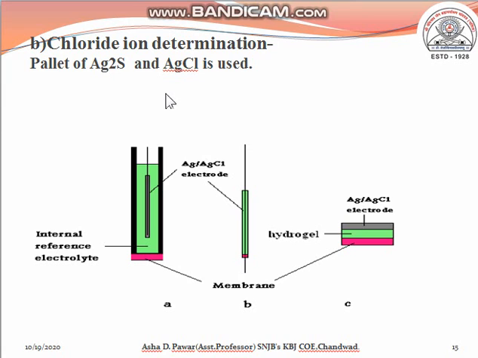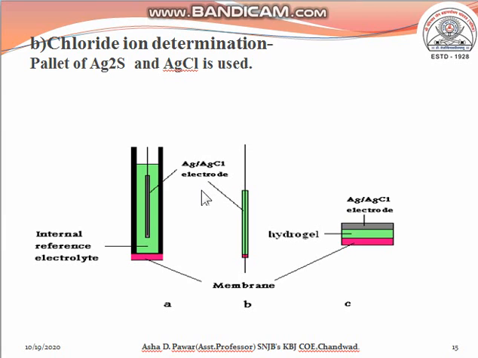The body of the electrode is made from Teflon, and the membrane is at the bottom. Again there is an internal reference electrolyte containing chloride ions of fixed concentration, and the internal reference electrode is a silver wire coated with silver chloride.